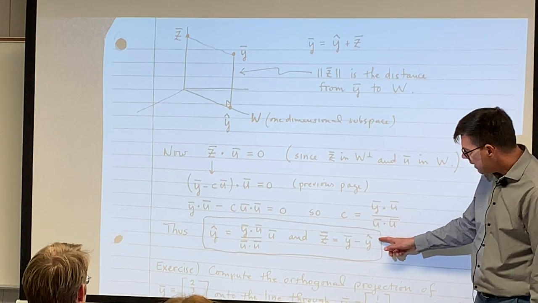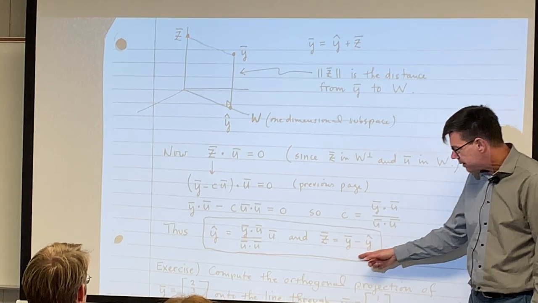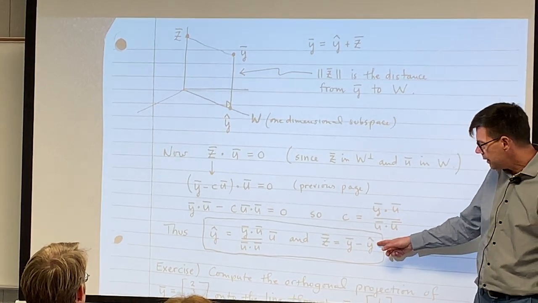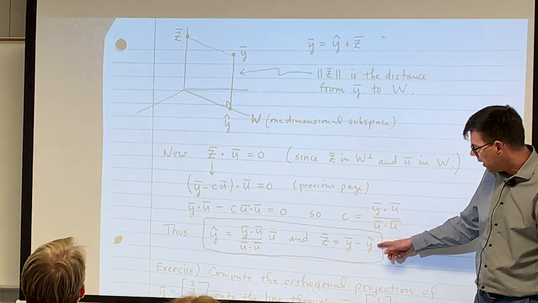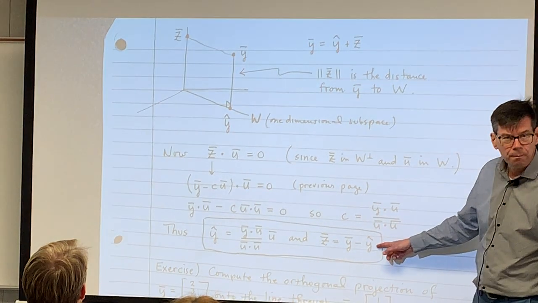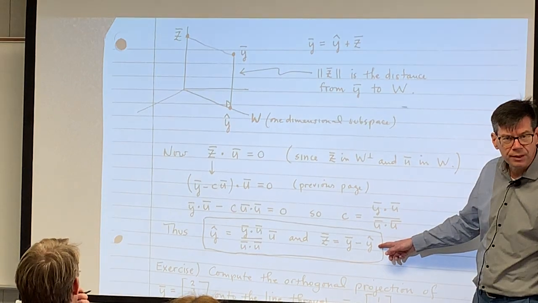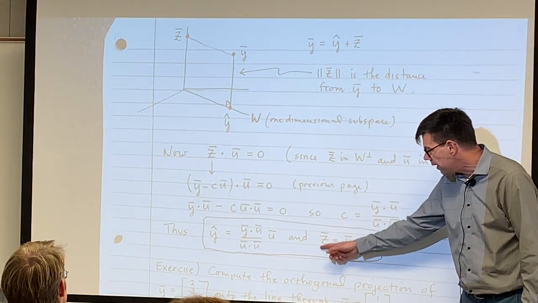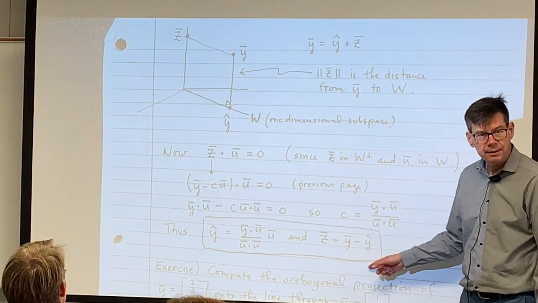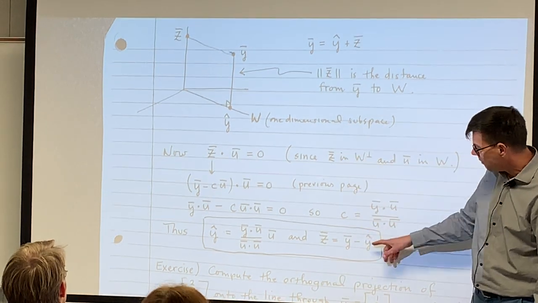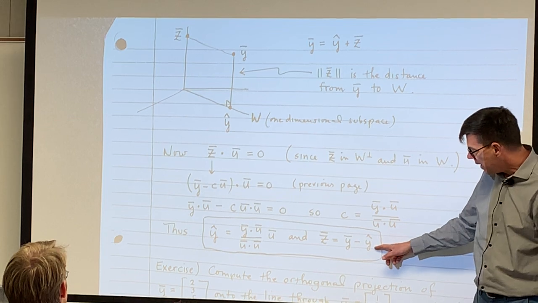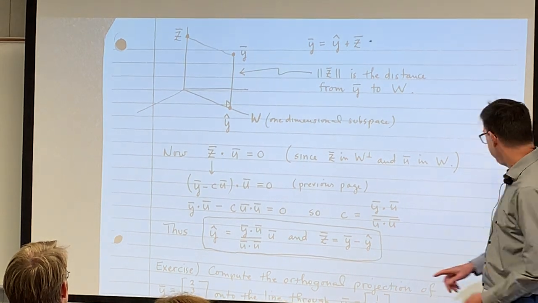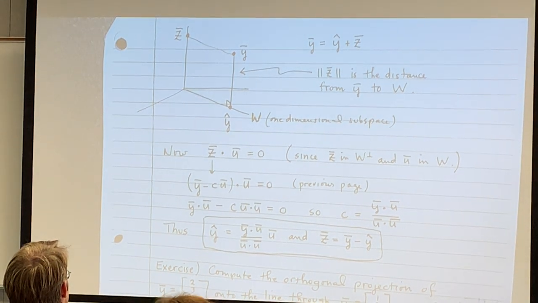But to me, it's not 100% obvious that z is in W perp from this calculation. So I feel like there should be one more line here where we actually verify that z is in W perp. I mean, it's kind of implied by all this, but I think it might be worth it for you guys just to verify that.